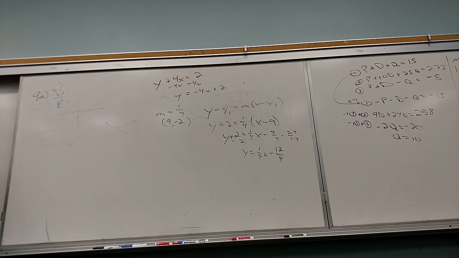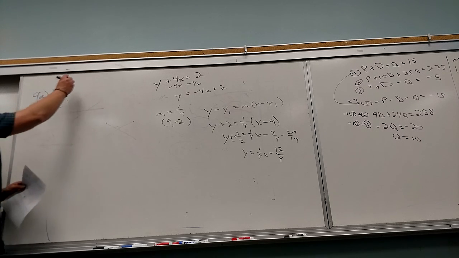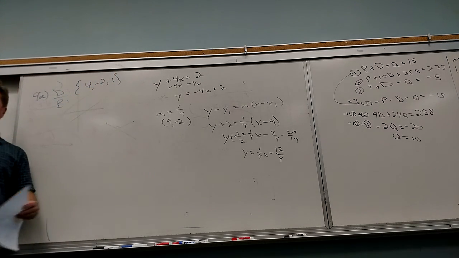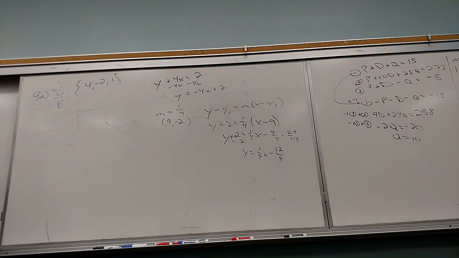So, for example, does an x value of 5 have an output for 9a? No, there's no point with 5. So what are the only x values that have outputs? 4, negative 2, 1. I'm just listing individual values, not using interval notation. What does interval notation mean? Everything between two given things, an infinite number. No, there's only 3.